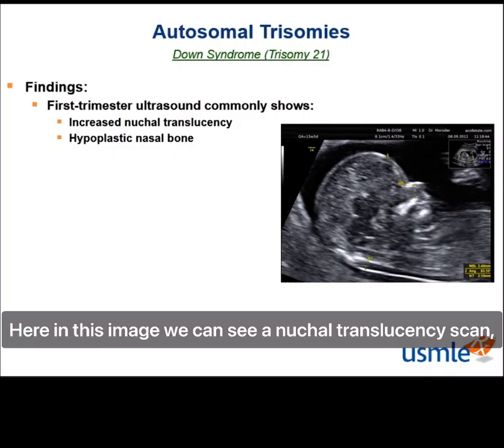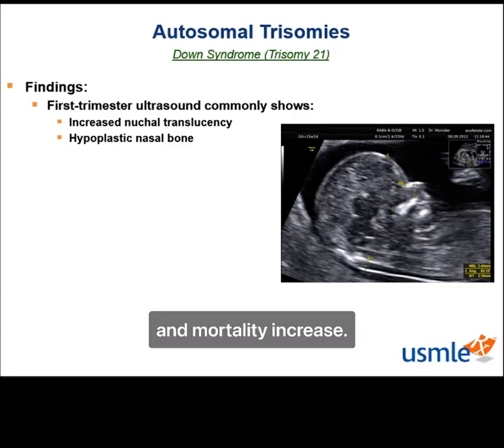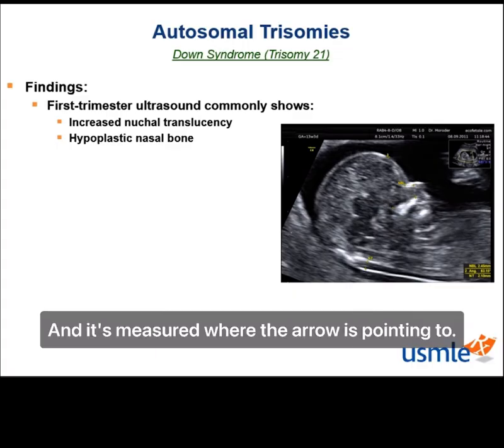Here in this image, we can see a nuchal translucency scan, which is a prenatal screening ultrasound. As nuchal translucency size increases, the chances of a chromosomal abnormality and mortality increase, and it's measured where the arrow is pointing to.